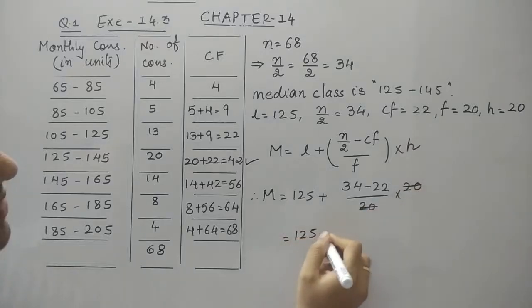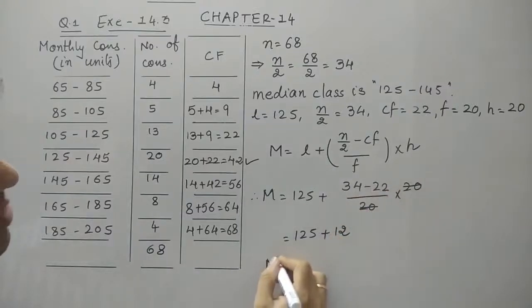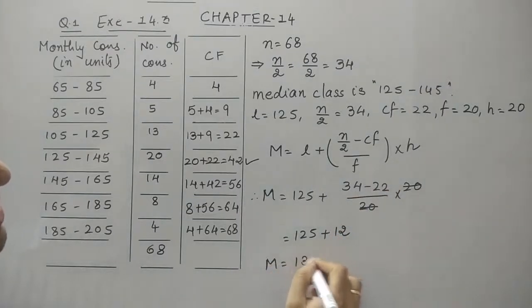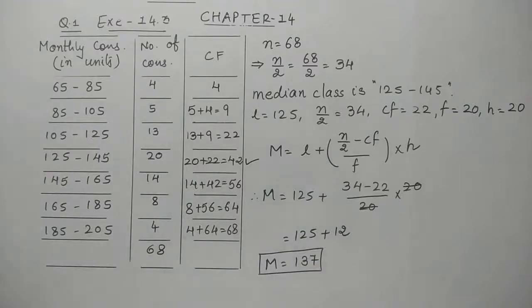So 125 plus the subtraction of these two is 12. So we obtain quite an easy simplification, 137. So 137 units, which is the median of the given data.